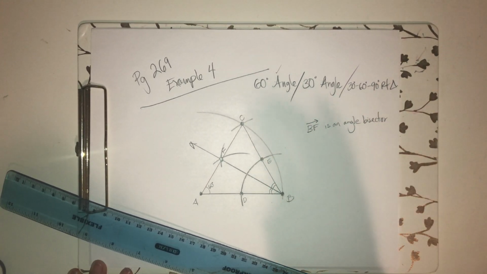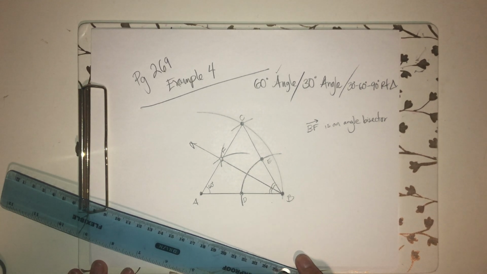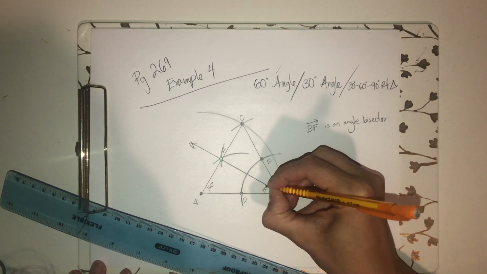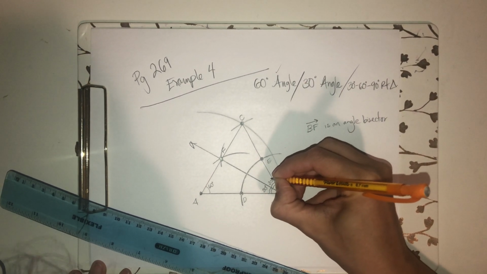Again, I'm using the procedure associated with construction 4. And I know that they are each 30 degrees. 30 degrees here, 30 degrees there, cute.